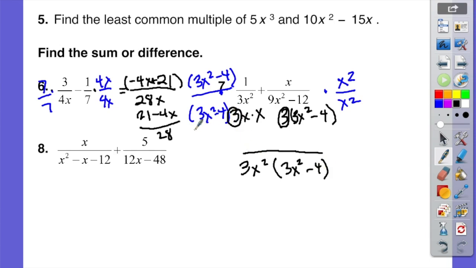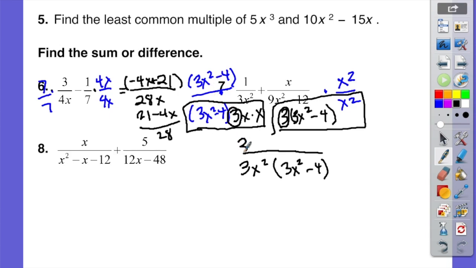This right here is the common denominator. So these two are my common denominators. The 3x squared times 3x squared minus 4. That's the common denominator. Let's finish the numerator.